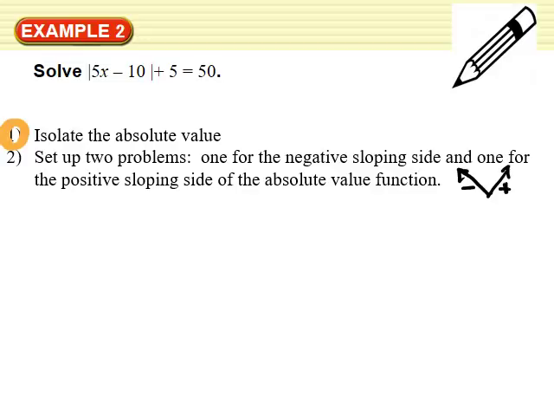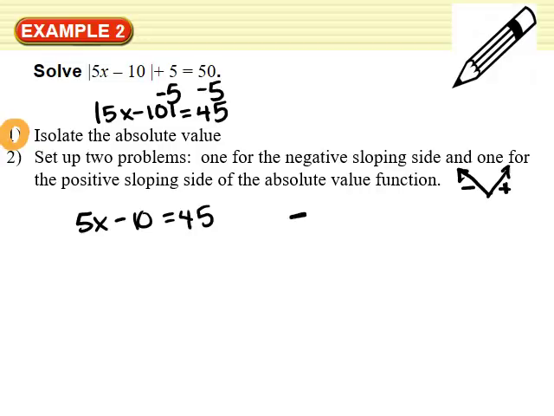So to start with the first rule, isolate the absolute value. I need to move that 5 over to the other side by following order of operations, and I'm going to subtract it over. Now I'm going to set up two problems. The first for the positive sloping side, the second for the negative sloping side.